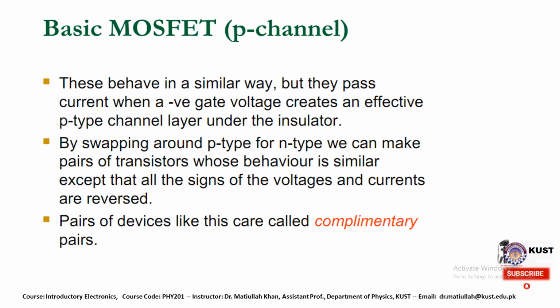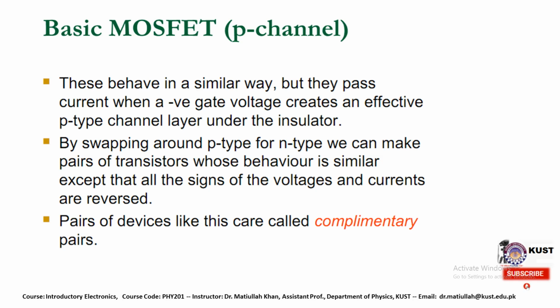When this electron moves between the source and the drain, the p-type device behaves in a similar way, but it passes current when a negative gate voltage creates an effective p-type channel layer under the insulator. By swapping around p-type for n-type, we can make pairs of transistors whose behavior is similar, except that all the signs of the voltages and currents are reversed.